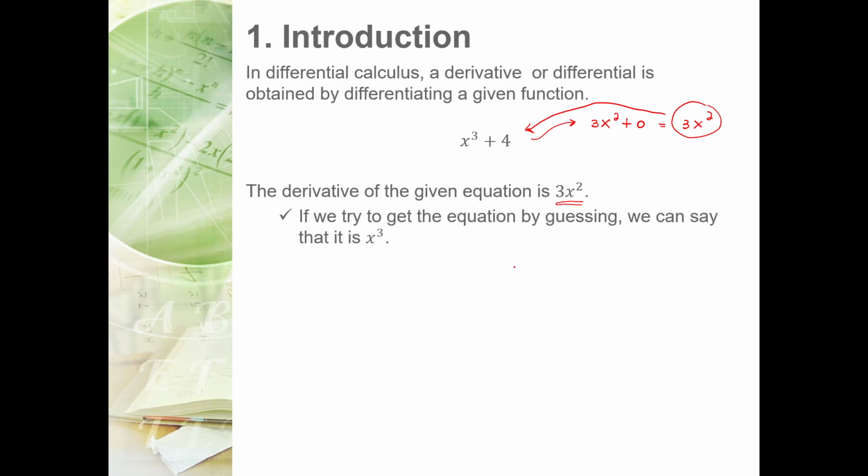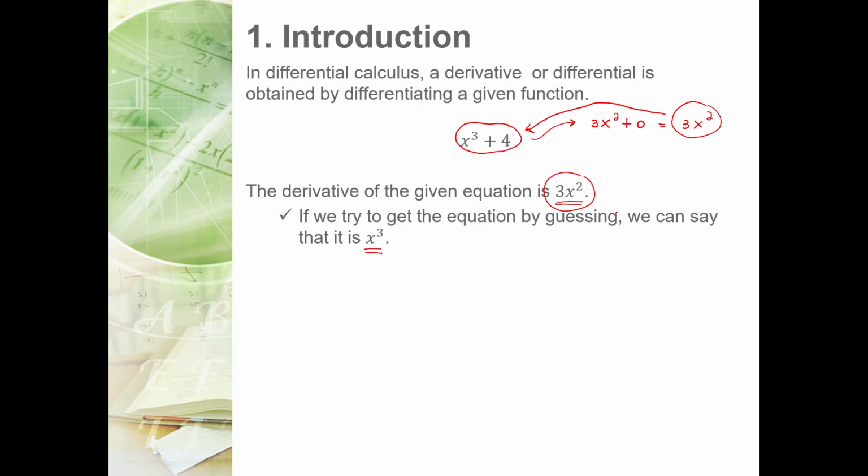Again, if we try guessing the original equation of this particular derivative, we can say the equation could be x cubed only, and then the original equation is x cubed plus 4.